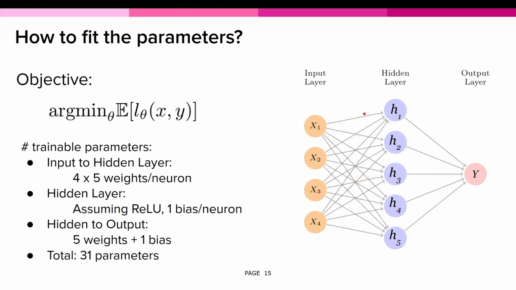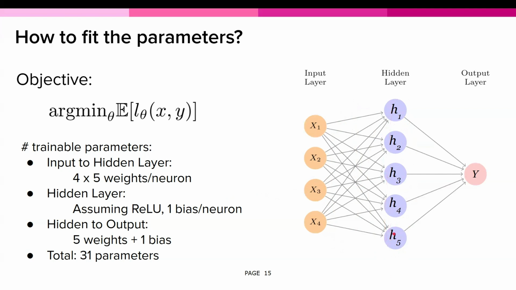Okay, so the input to the hidden layer, that's our projection matrix. So we've got four features on the input, and we're going to 5 hidden units. So there's 20 parameters here. And then on the hidden layer, I've assumed a ReLU, a rectified linear unit.